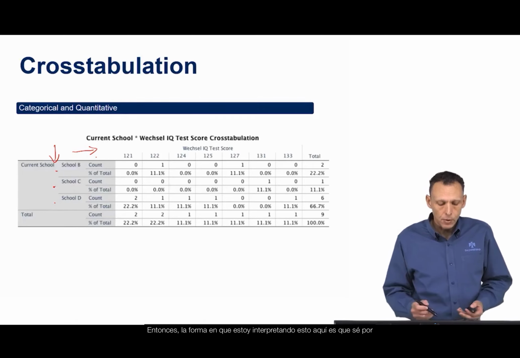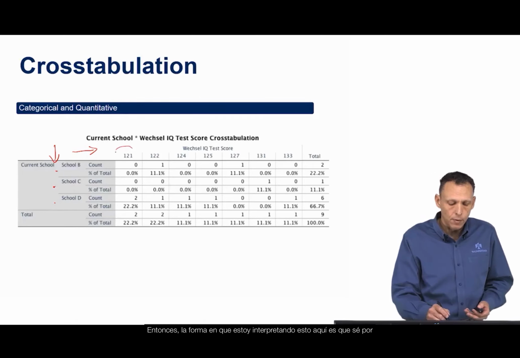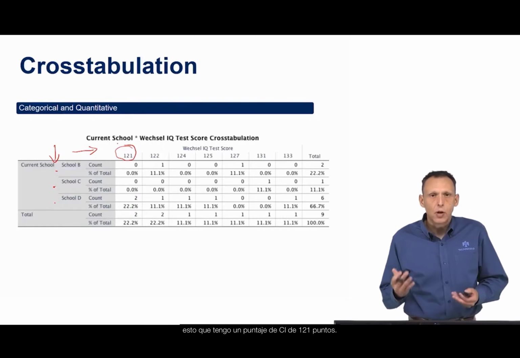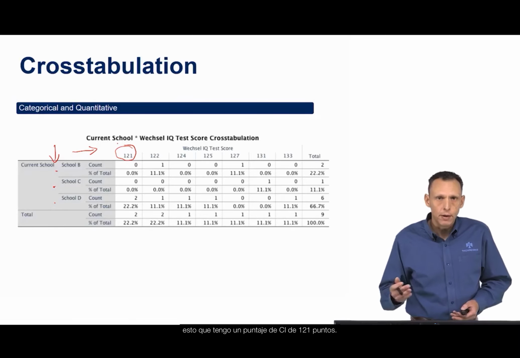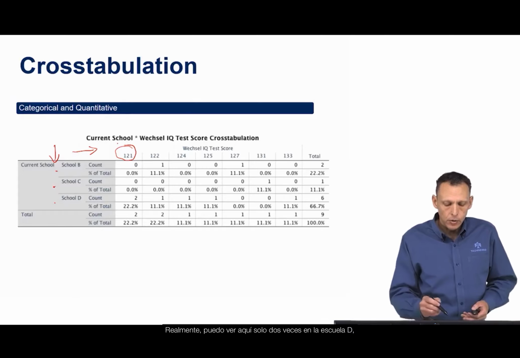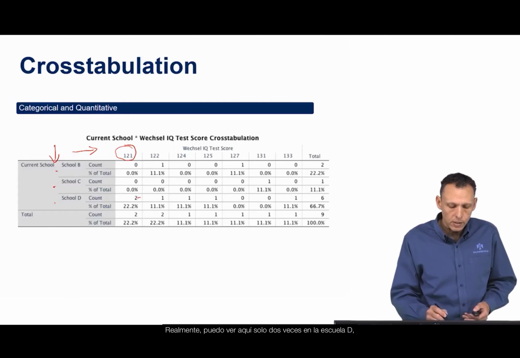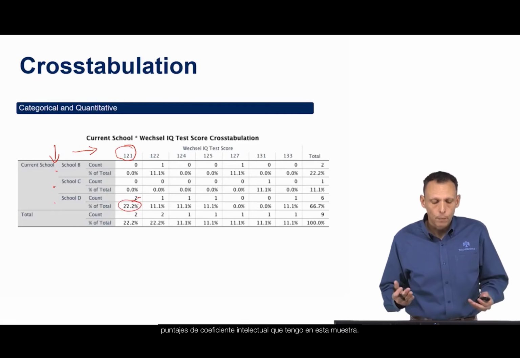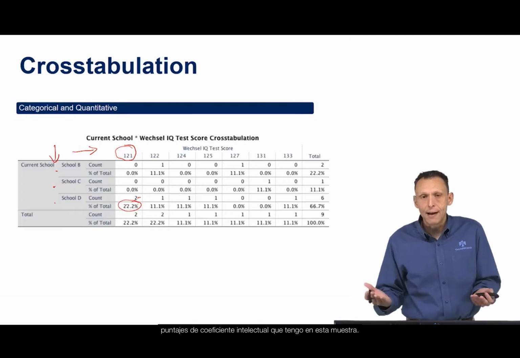So the way I'm interpreting this here is I know from this that I have the IQ score of 121 IQ points occurring really, I can see here, just twice in school D, which represents here 22% of the total number of IQ scores that I have in this sample.